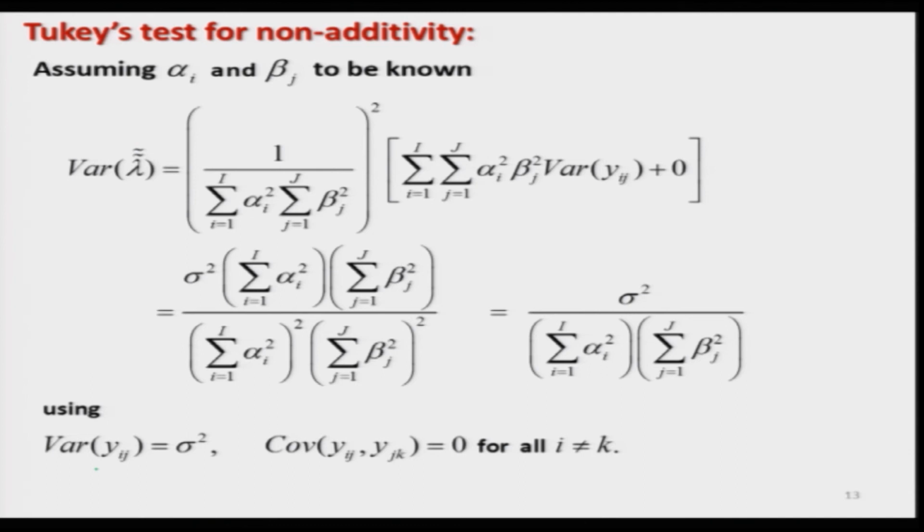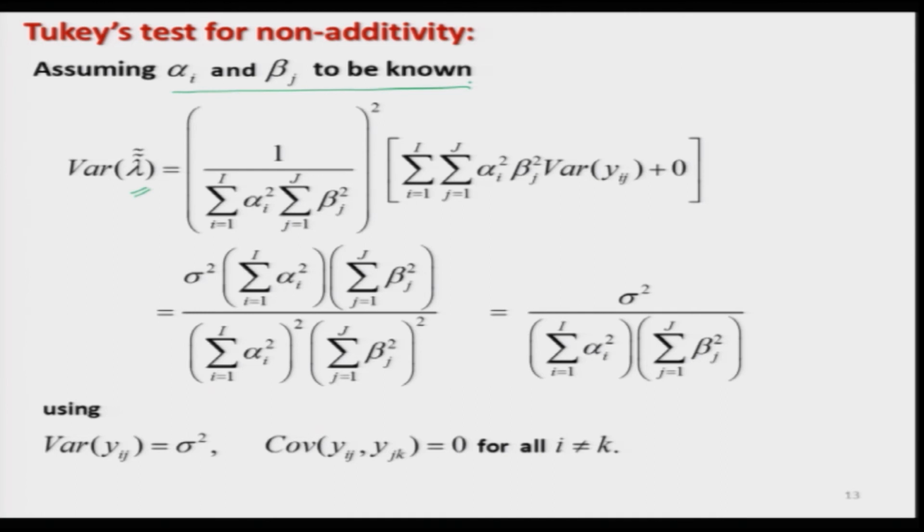To help you, I will go more simply, and first consider the estimator lambda double tilde, where we had assumed that alpha i and beta j are known to us, so that you can see how we can obtain the estimator, which is easily understandable.